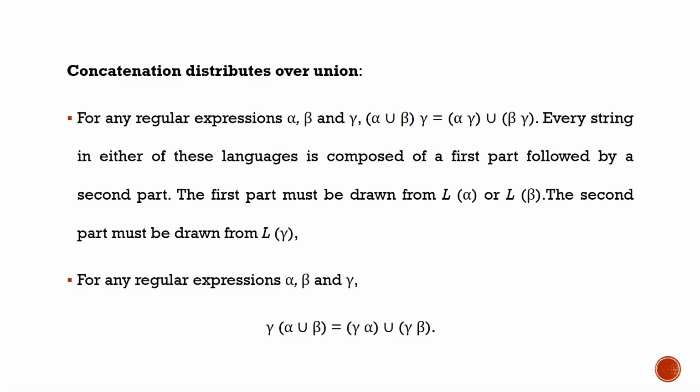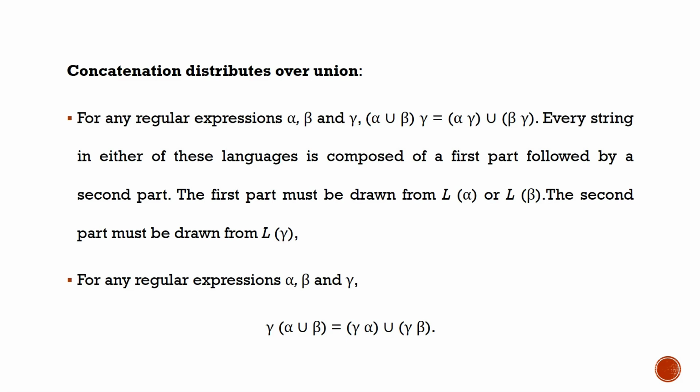Let us take an example: if alpha is cat, union beta is dog. What is cat union dog? We have the two expressions over there. Then I want to concatenate hello to it. Then what will it be? Cat union dog concatenated to hello, or I can write it separately as cat hello union dog hello.